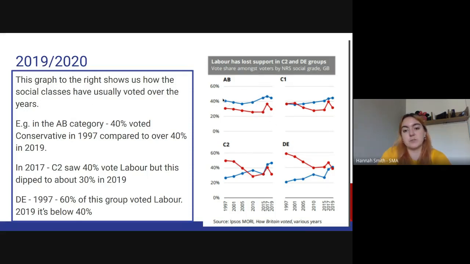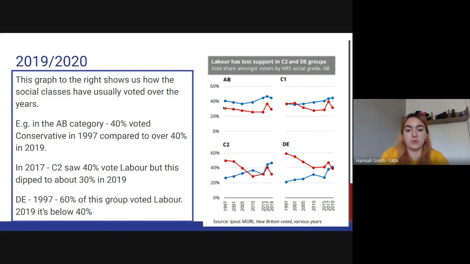And what this is showing us is basically the pattern, to see if there is a pattern of who has voted for what. And we can see little spikes there, but again, you look at 2017-19 and they're pretty much tied. That's a massive suggestion that social class doesn't matter now, but it did.